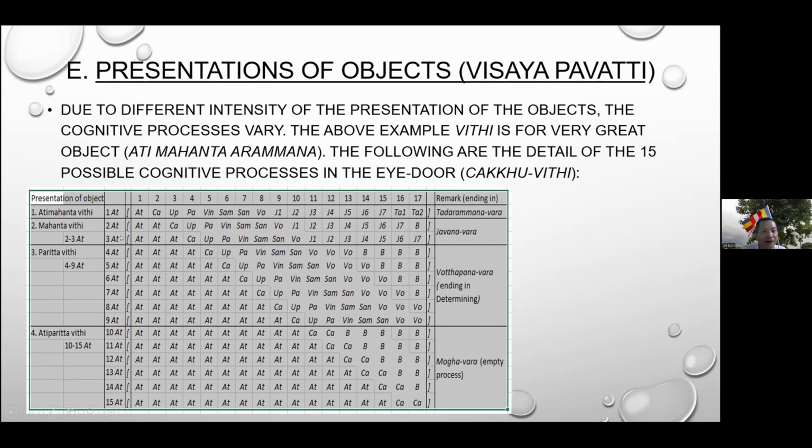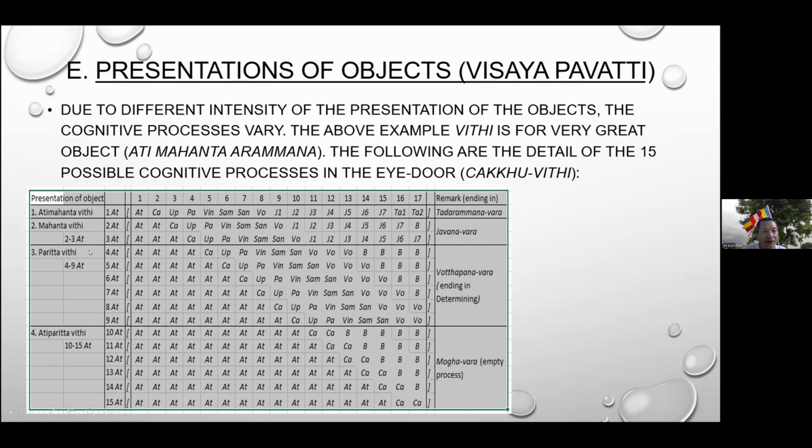Then the second Mahanta Vithi, where there are three Atita Bhavanga, 1, 2, 3 here, you'll find that it ends with Javana. Similarly here, it ends with Javana, but is followed by Bhavanga. So these two are also called Javana Vara, or ending in Javana.